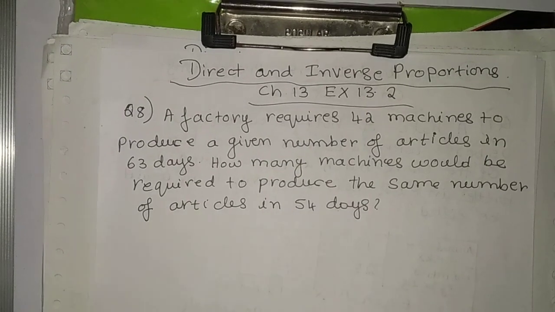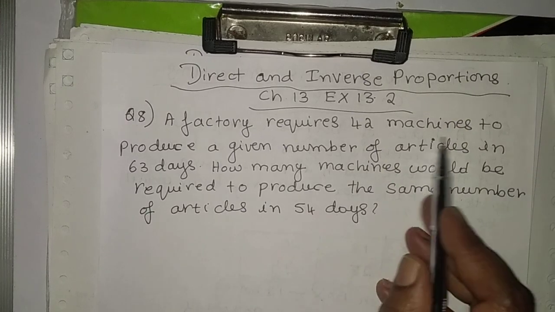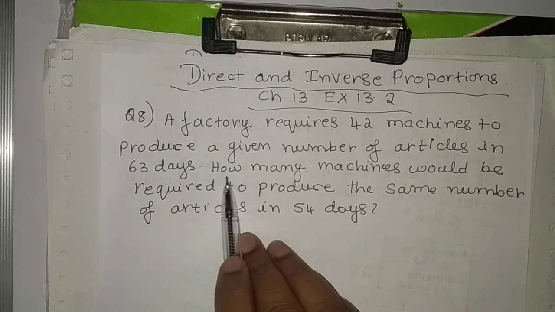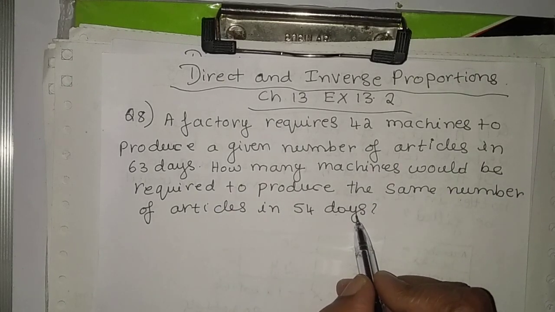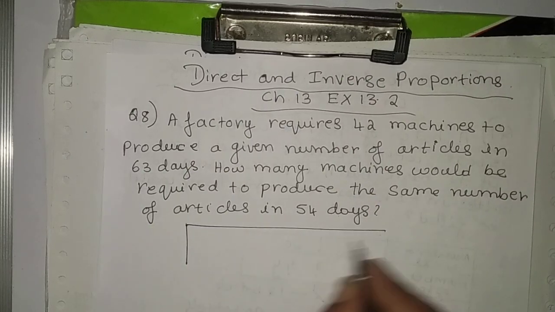Now we move on to the 8th problem. A factory requires 42 machines to produce a given number of articles in 63 days. How many machines would be required to produce the same number of articles in 54 days? Same thing, we'll write the table.